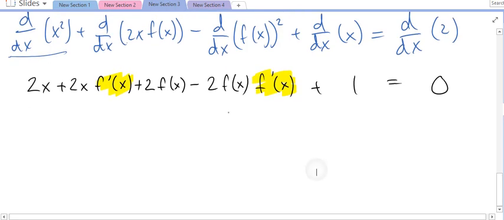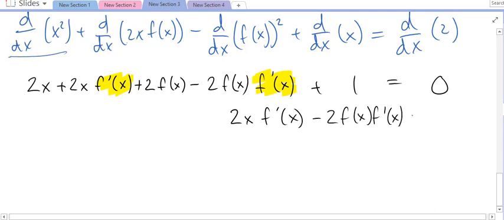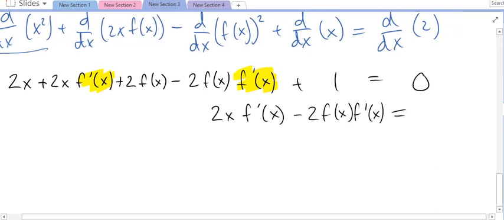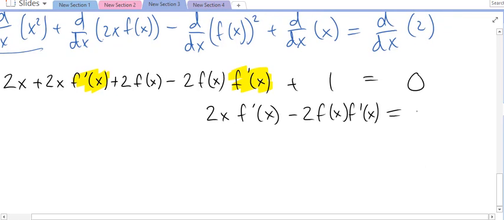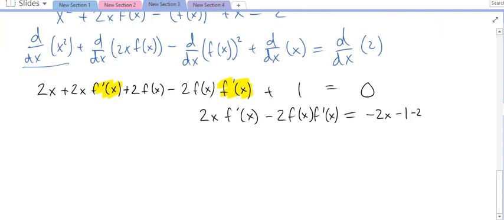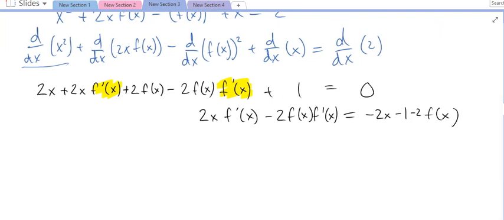So we will get 2x f prime of x minus 2 f of x f prime of x equals, and so we subtract over the minus 2x, the minus 1, and minus 2 f of x. So that was subtracting the terms highlighted in blue over to the other side.